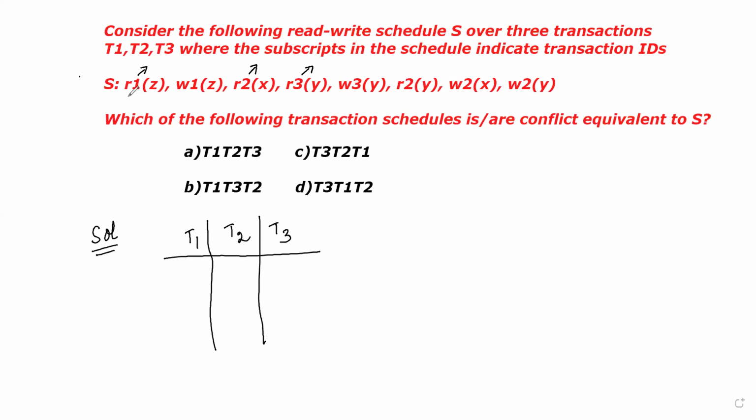When you find the first one, R1 of Z, it belongs to transaction 1. W1 of Z again belongs to the first transaction. R2 of X, the 2 means the second transaction. Next, R3 of Y means the third transaction. W3 of Y again belongs to the third transaction.